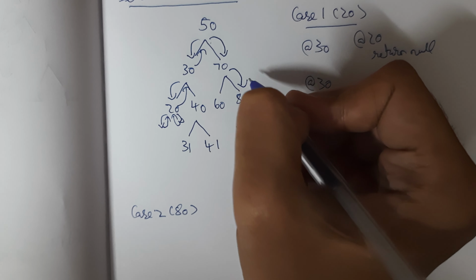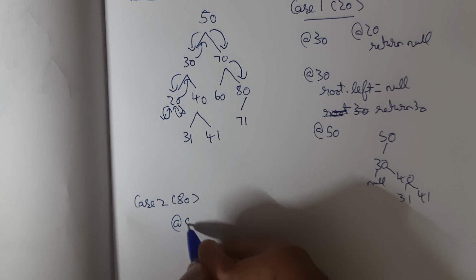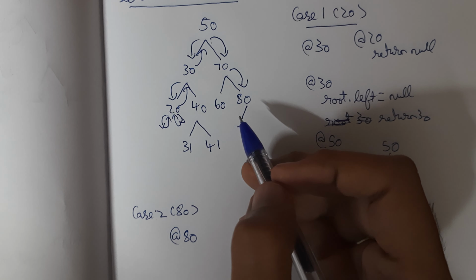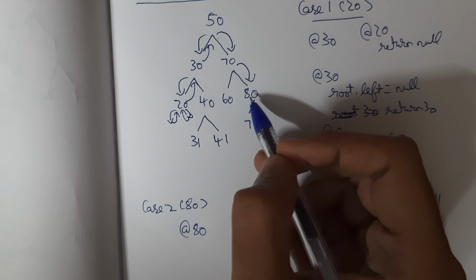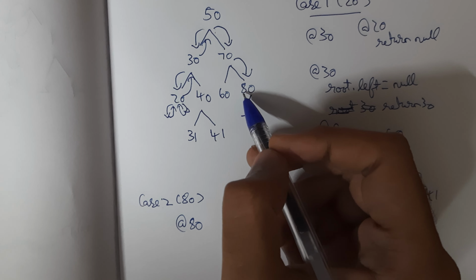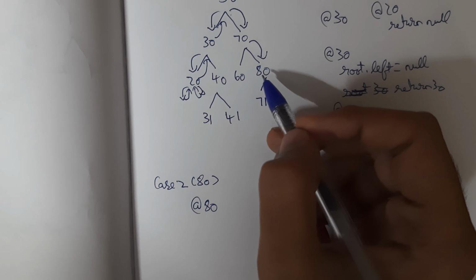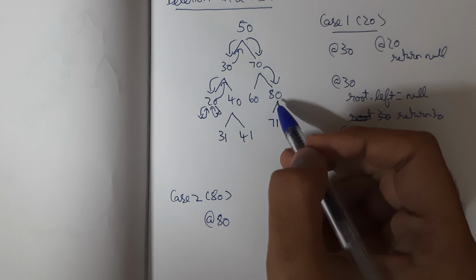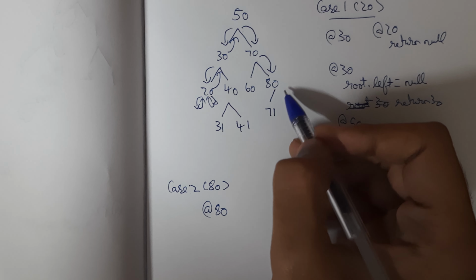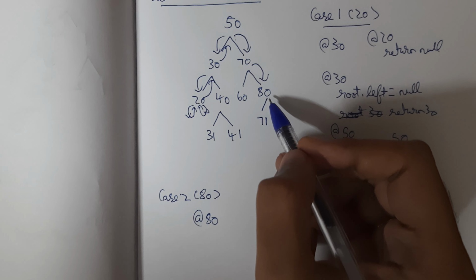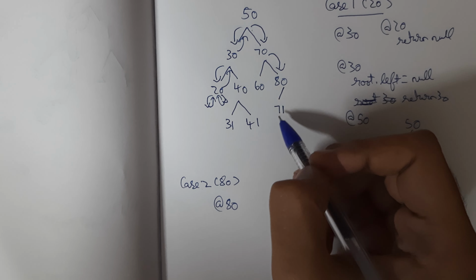So we go to this value and at 80 we find out that 80 is neither greater than root dot key nor less than root dot key, that is 80 is equal to this current value, and we find out that the left subtree of 80 is not null and the right subtree is null.